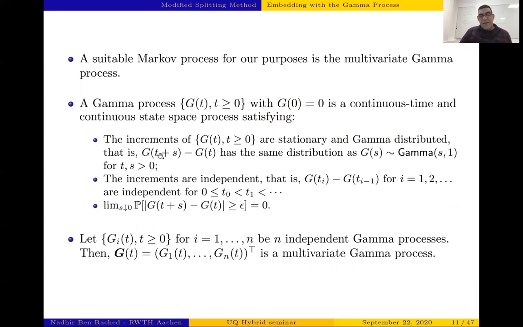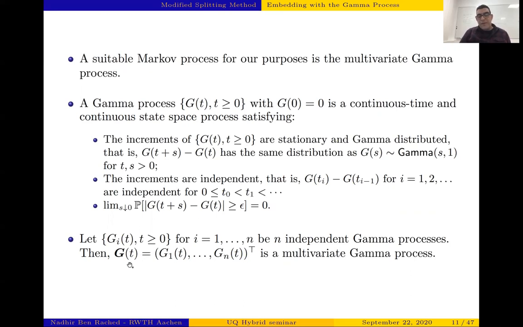That is, G(t+s) minus G(t) has the same distribution as a gamma with shape parameter s, and we choose the scale parameter in this work to be equal to 1. This is true for t and s strictly positive. Also, we assume that the increments are independent. And the third property just ensures that the paths of the gamma process are right continuous with left limits. So this is a univariate gamma process.